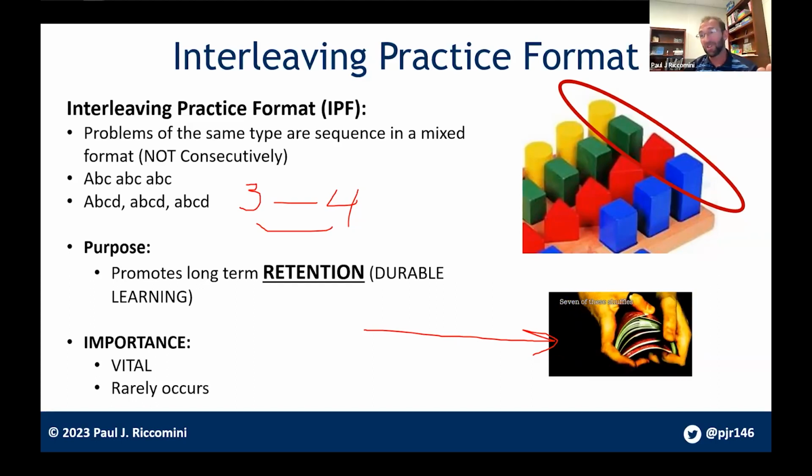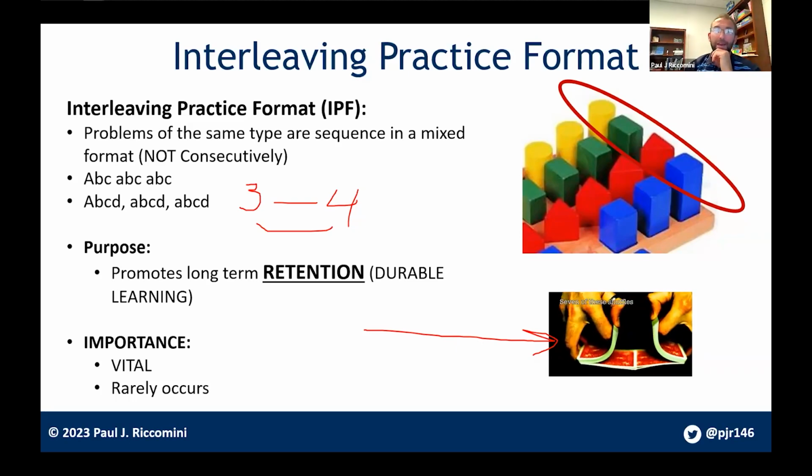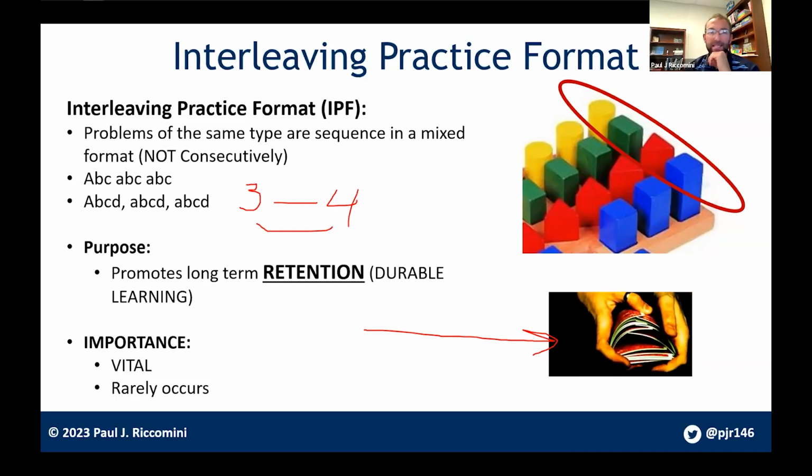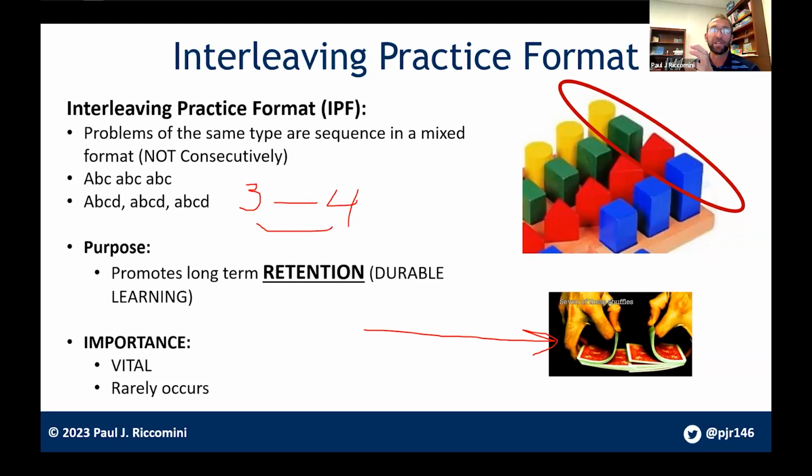So here's another great question. Addition with regrouping and addition without regrouping. Are those dissimilar? Are they similar? First off, this has to be a decision that you have to make. It's not really a right or wrong. Is the act of determining that they have to regroup and then carrying out the regrouping procedure different than not carrying out the regrouping procedure?